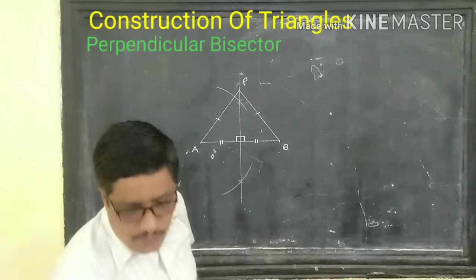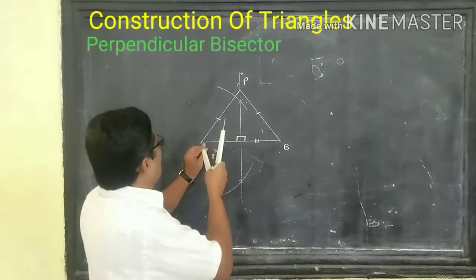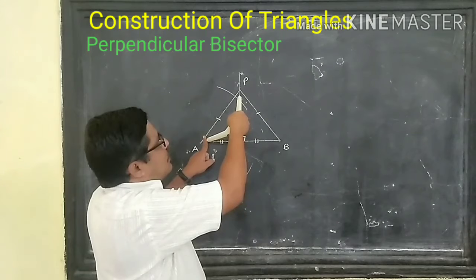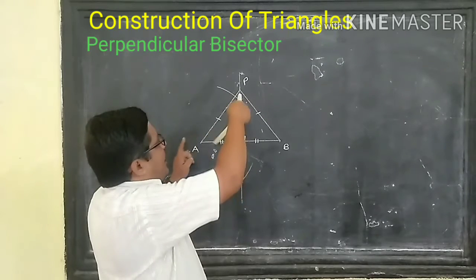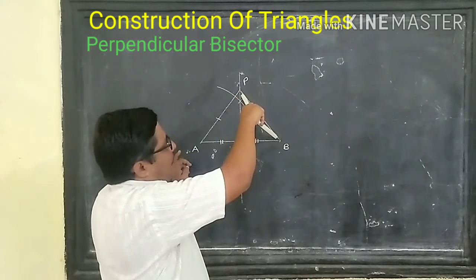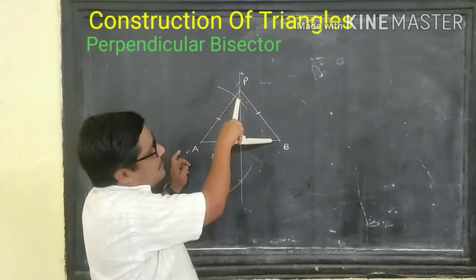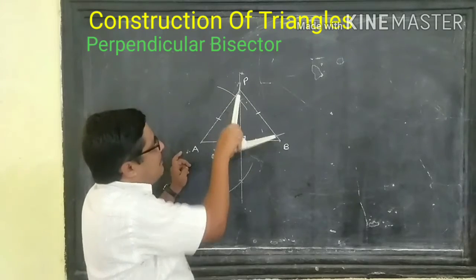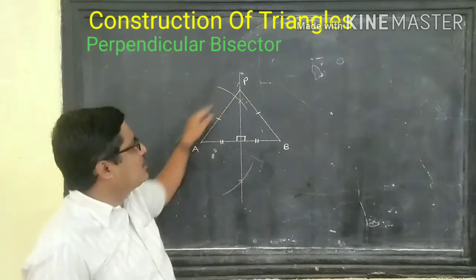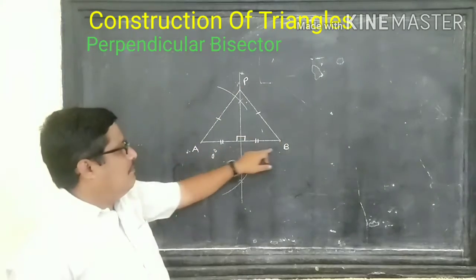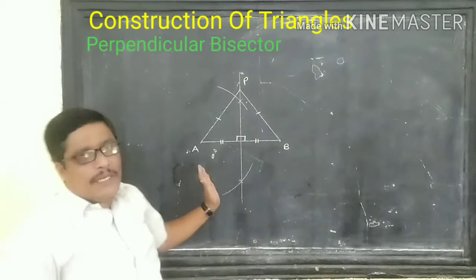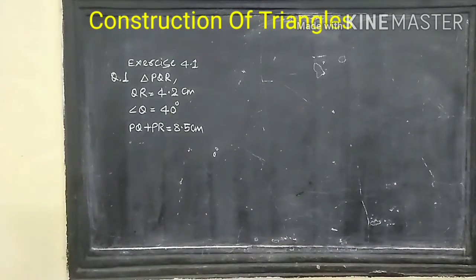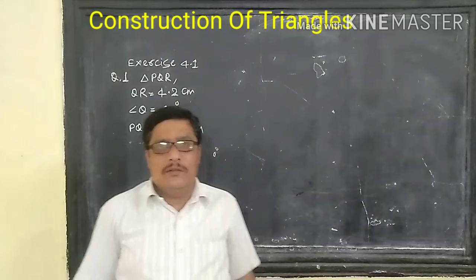So this is the distance of A from point P, and in the same way here we can check whether the same distance is there between P and B also. That means this forms an isosceles triangle. So this is the basic construction that we require in total lesson.